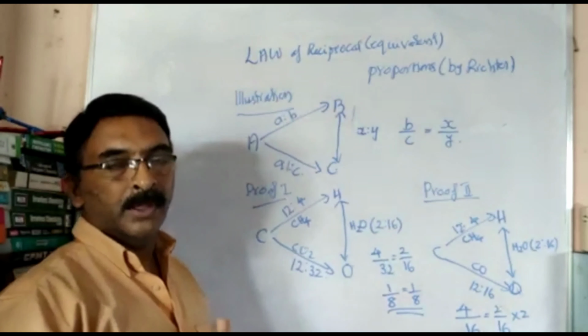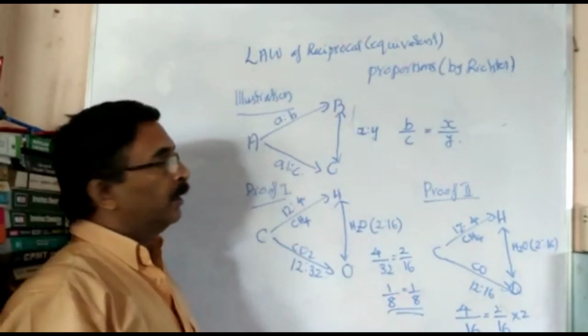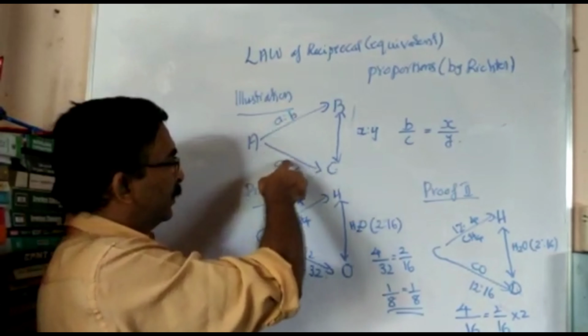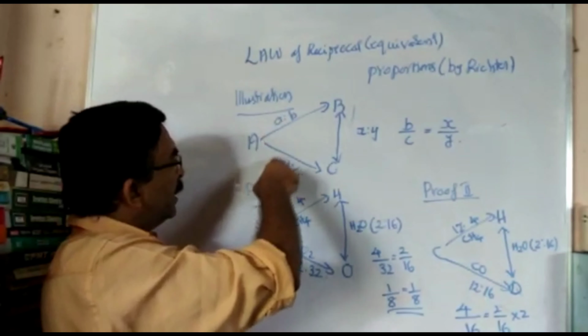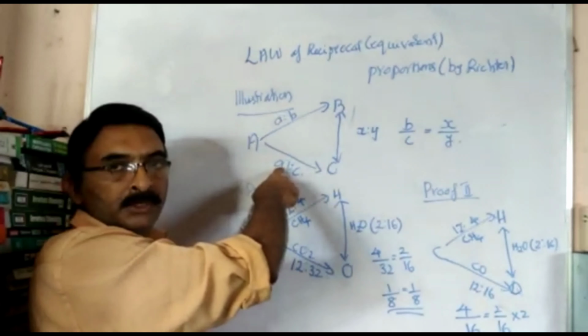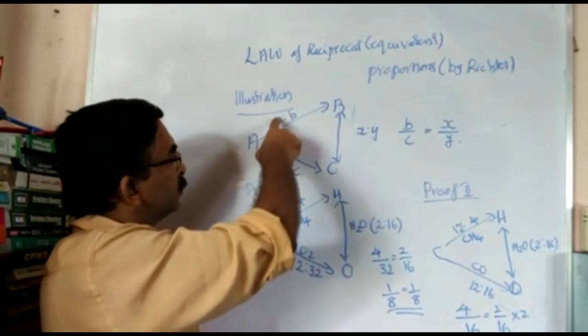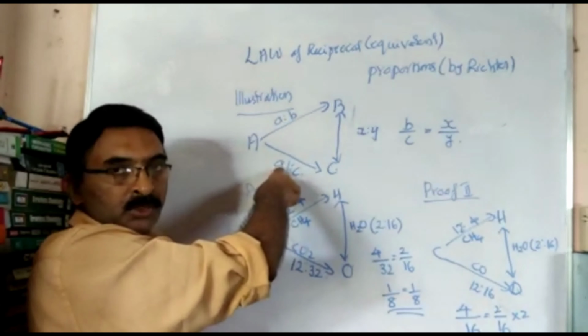Then first we take the ratio of mass here, and the ratio of mass here. Then, if the mass of A is fixed in these two compounds, keep the mass of A the same in both compounds.